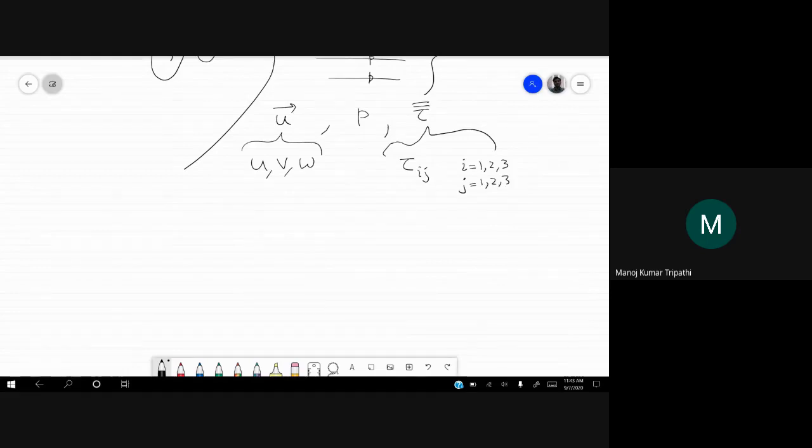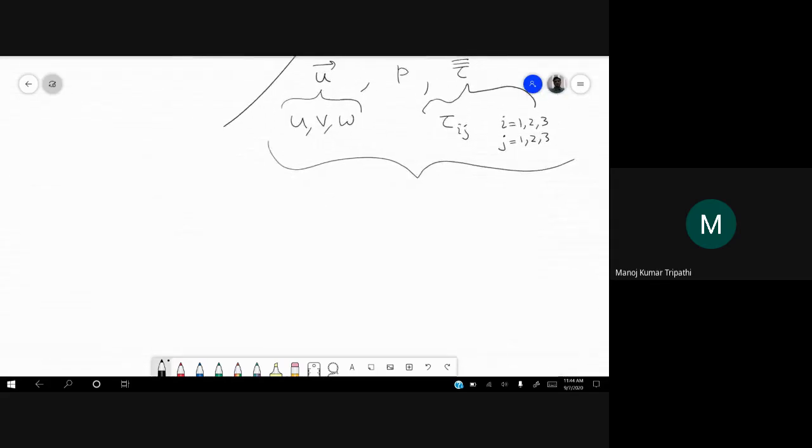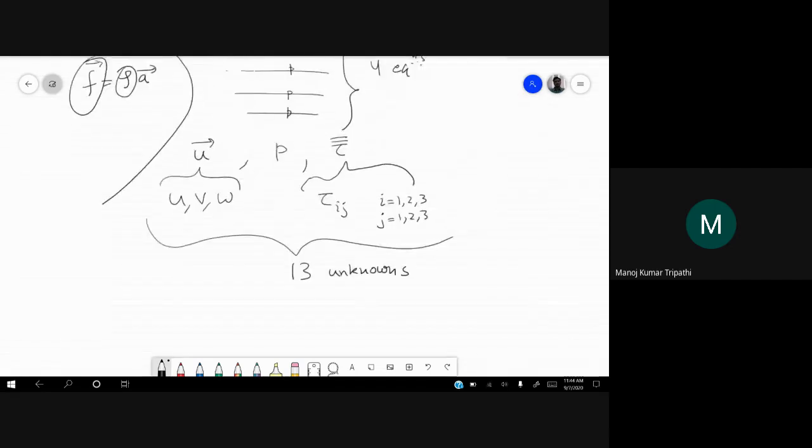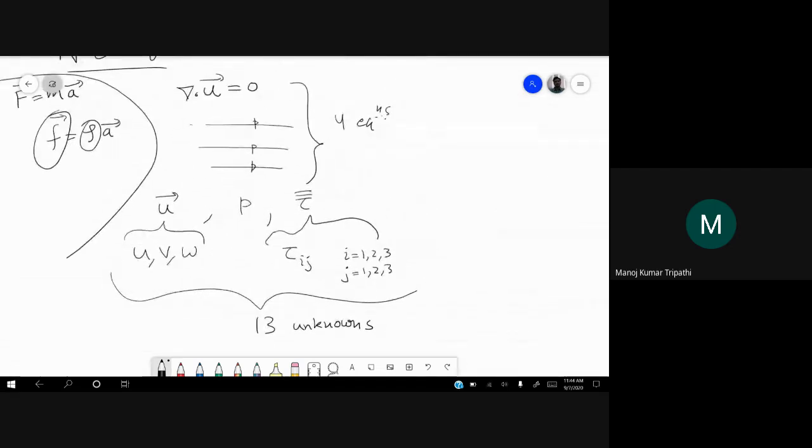Okay, 1, 2, 3, or x, y, z, you can call them anything, direction indices. So in total, how many unknowns do you have? 9 plus 1, 10, plus 3, 13. And equations are 4.